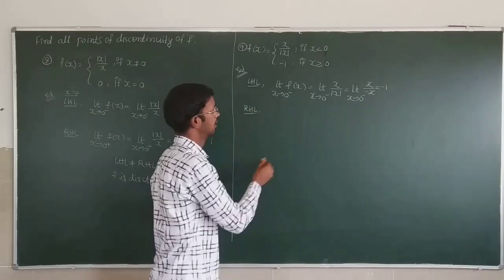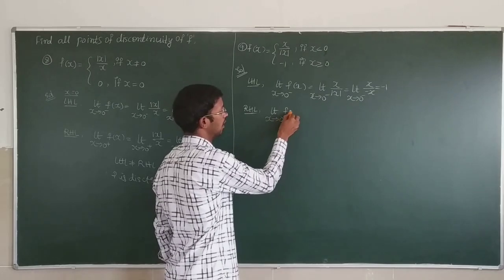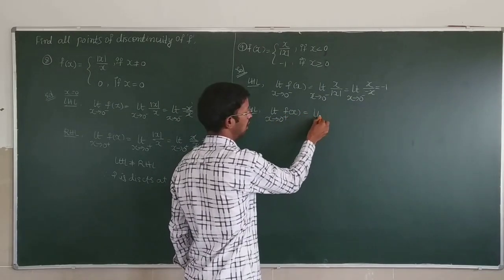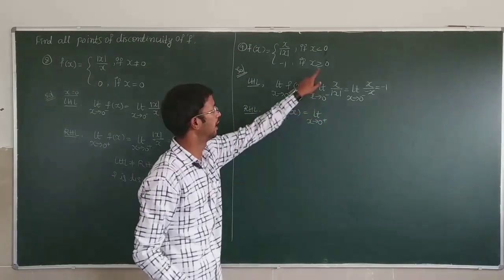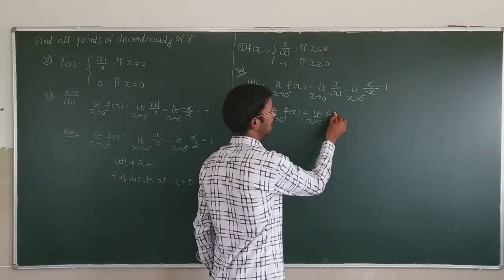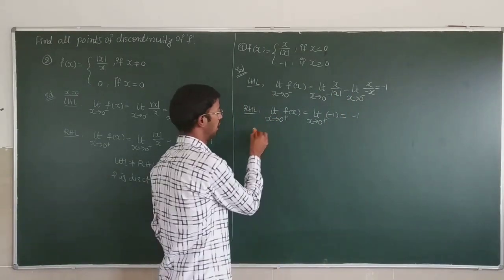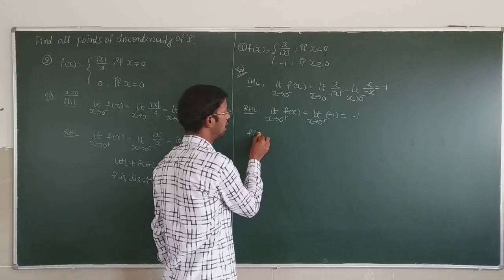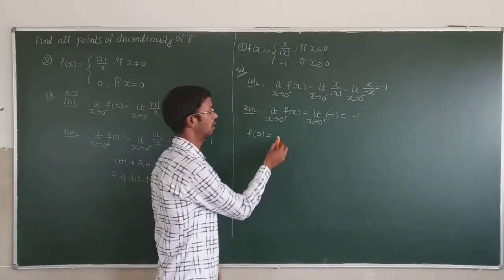RHL part: limit x tends to 0 plus f of x is equal to limit x tends to 0 plus. 0 plus is greater than 0, that time it is minus 1. Limit of a constant is constant. Next, f of 0 you have to find. LHL equal to RHL, so f of 0 also you have to find.